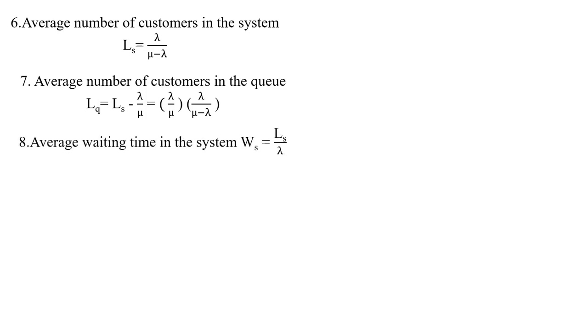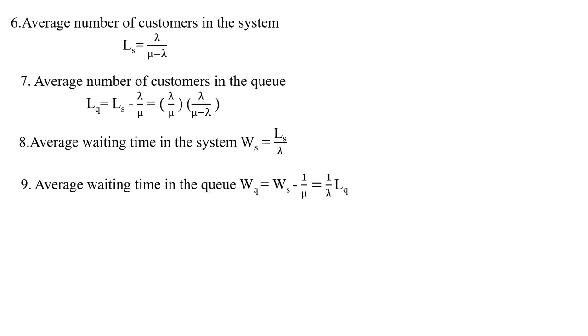Next is the average waiting time in the system, WS, which is equal to LS by lambda. And the average waiting time in the queue, WQ, is equal to WS minus 1 by mu, which is equal to LQ by lambda.